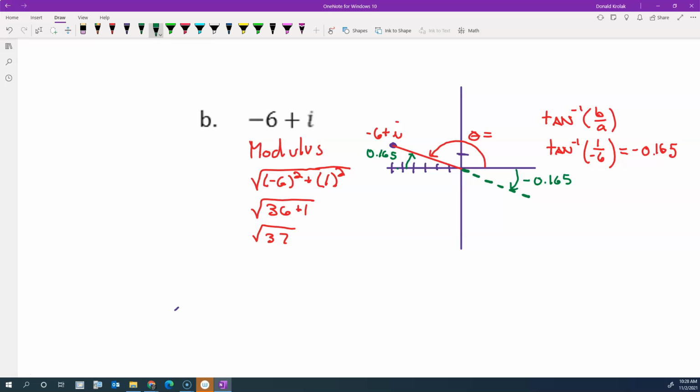Okay, so if that thing was in degrees, it would be easy. If it was in degrees, we'd go 180, take away whatever the degree was. But you're not working in degrees anymore. So normally this would be 180 minus whatever the angle was that you got from your calculator. But now it's in radians, so instead of using 180, you use pi. So this is going to be pi take away that angle.